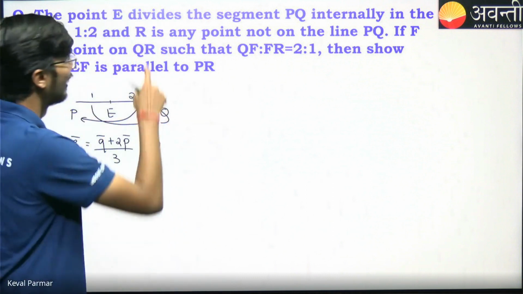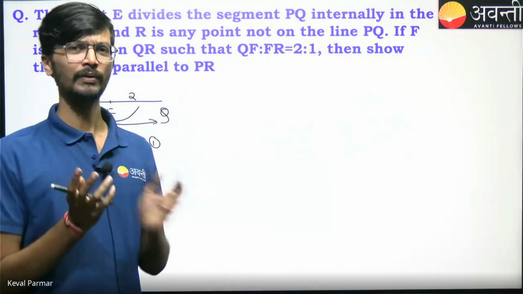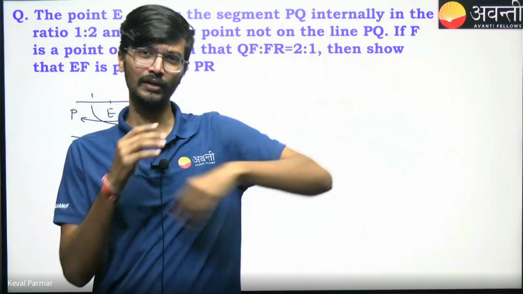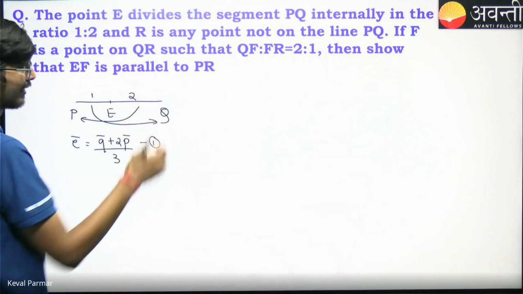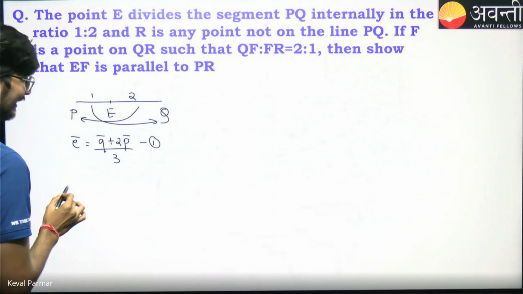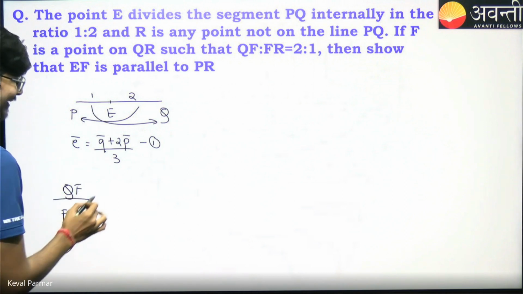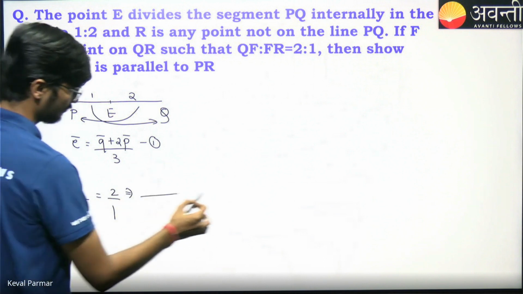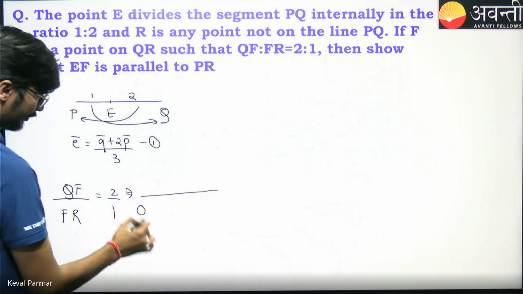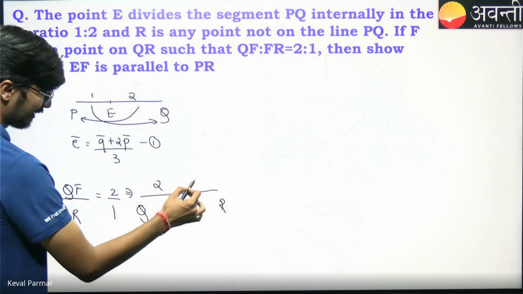Next. R is any point not on the line PQ. There is no information which we can get from this statement, so let's skip it and move to the next part. F is a point on QR such that QF upon FR is 2:1. That means there is a line segment QR and there is a point F which divides QR in the ratio 2:1.